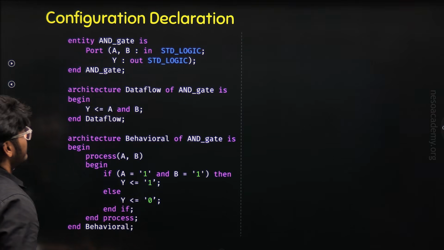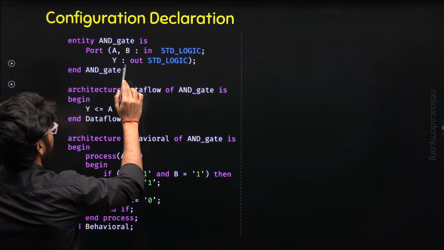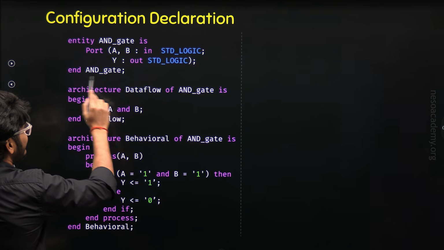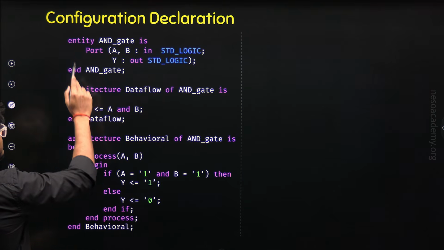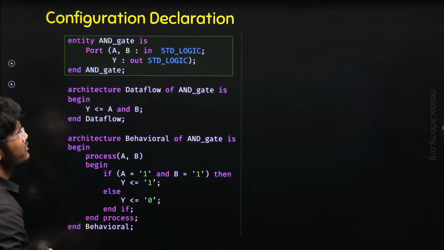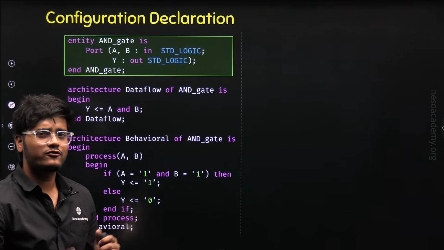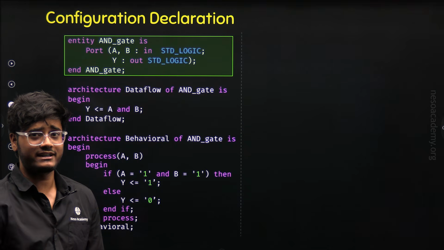So, the inputs are A and B and output is Y. We define inputs and output inside this entity, and this block or this design unit is called as entity declaration. Now, for this entity, we have two architectures.